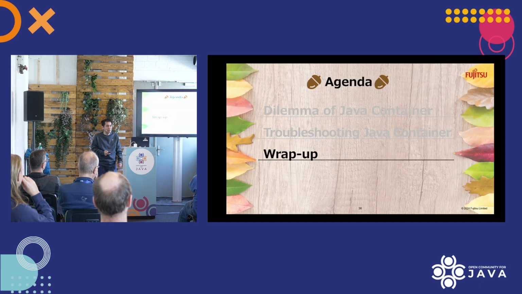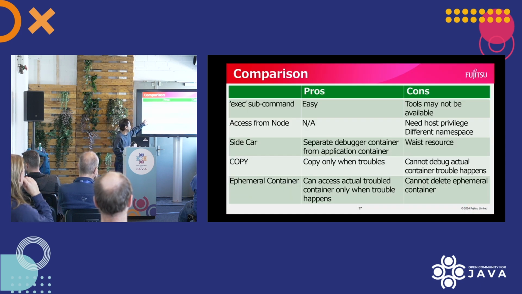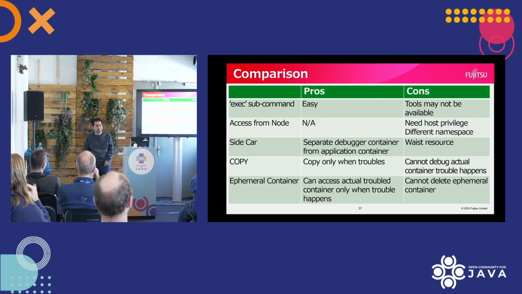Yeah, that is the sidecar method I showed you. You can do that, but you must invoke the sidecar at startup time. So the resource may not be efficiently used, but if you accept that kind of resource usage, you can do that. It depends on your environment.